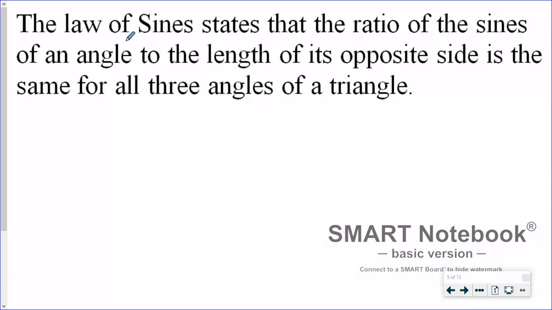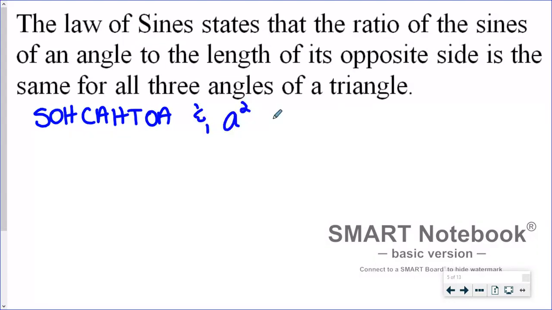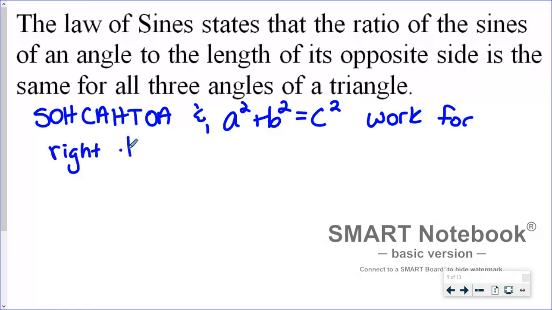Now we're going to talk about oblique triangles. It is super important to know that SOHCAHTOA and the Pythagorean theorem, a squared plus b squared equals c squared, both of these work for right triangles only.